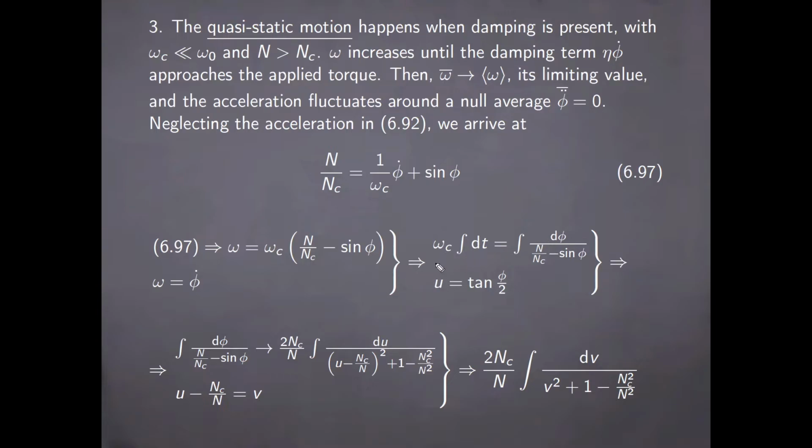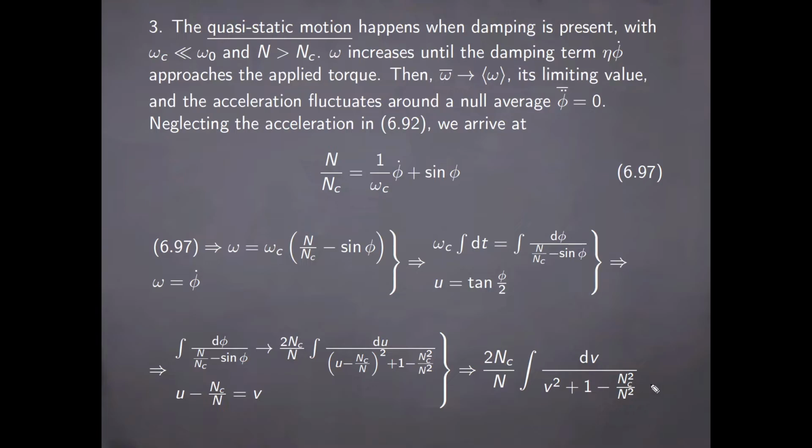We can use first of all the change of variables here, given by the variable u being equal to the tangent of phi over 2, and then also changing to the variable v defined by the relation here, the goal being to transform the integral in each step and to bring it to the form here.